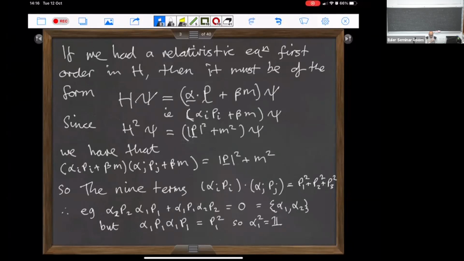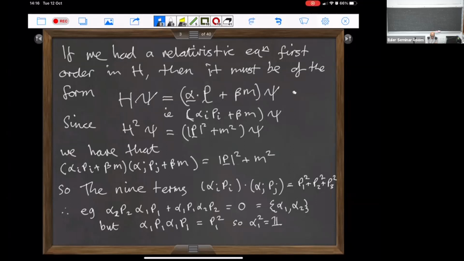So let's follow our noses, follow Dirac's nose, if you like, in how he derived the Dirac equation. If we had such an equation, which is first order in the Hamiltonian, then it would have to be of this form: the Hamiltonian operator acting on the field has to be linear in the three momenta.